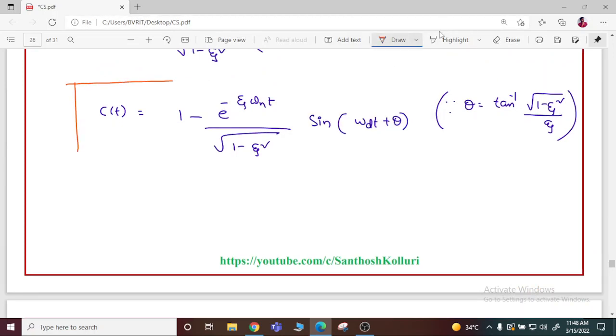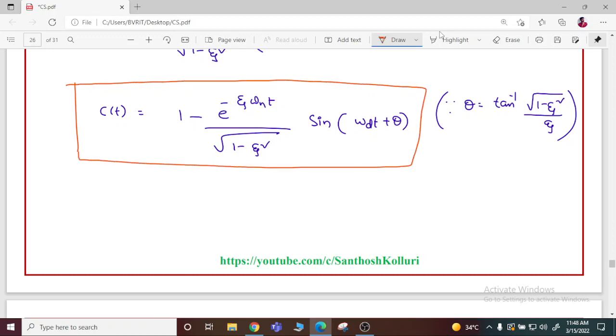for unit step input: C of t is equal to 1 minus e power of minus zeta omega n t by root of 1 minus zeta square into sin of (omega d t plus theta). As usual it has two components.